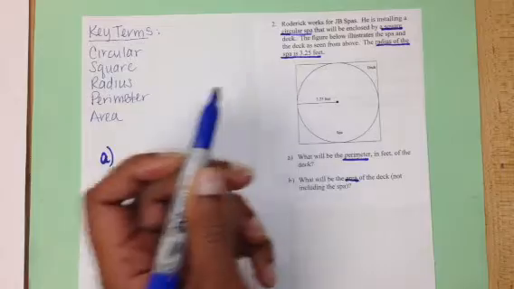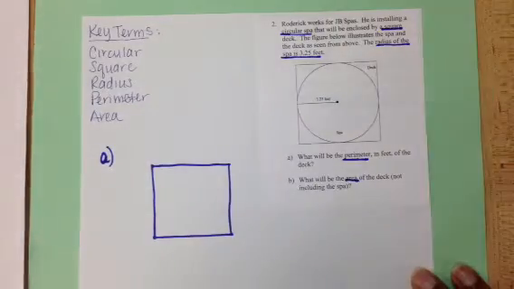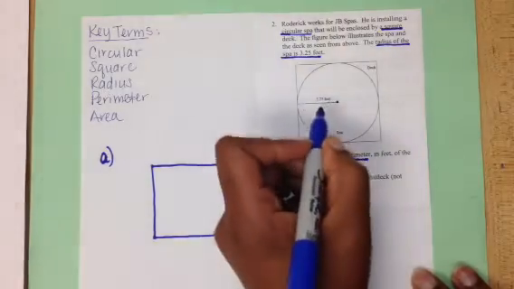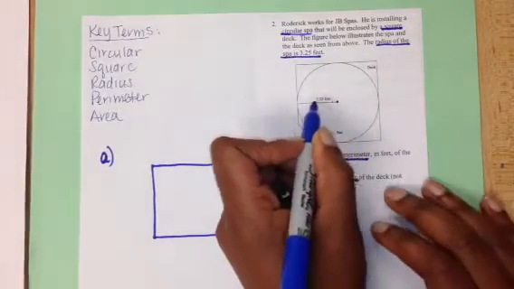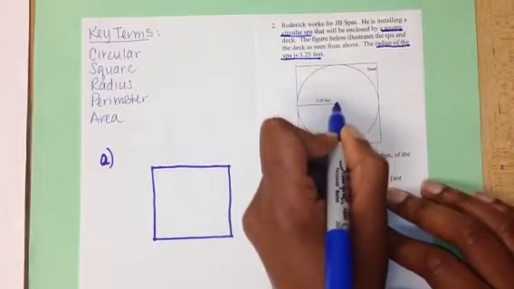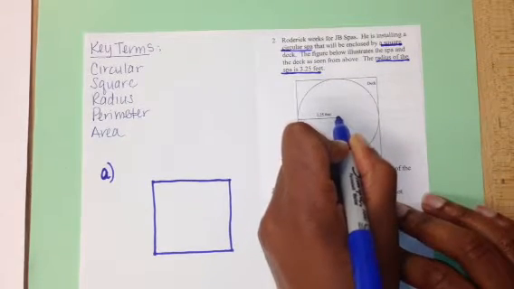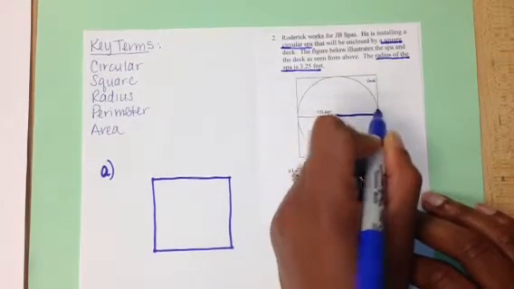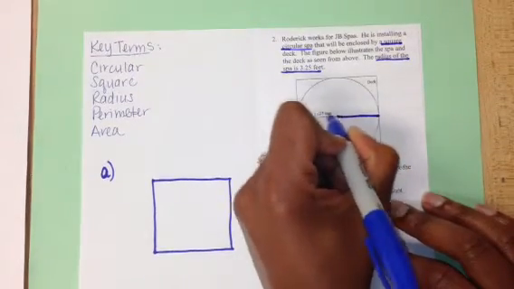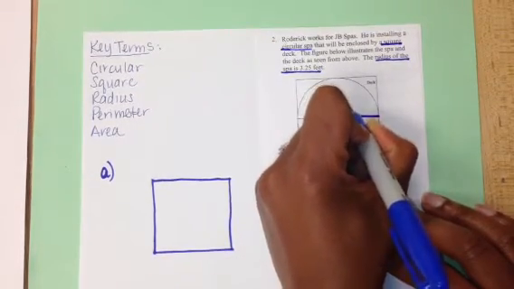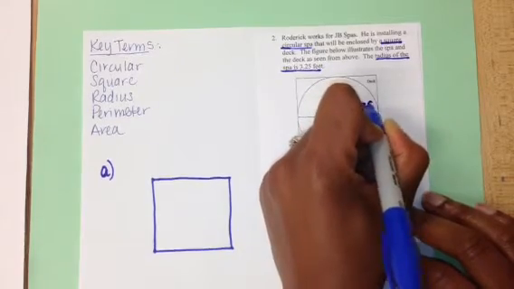Now, radius is defined also as half of the diameter of a circle. So if we look here, we have from the center to one point of the circle. If we extend this line from one point here to the other side, we now have the diameter of the circle. So if this part is 3.25 feet, then we know that this side is also 3.25 feet.